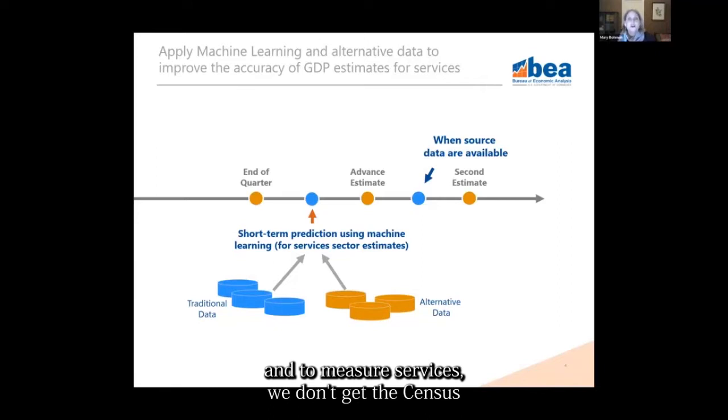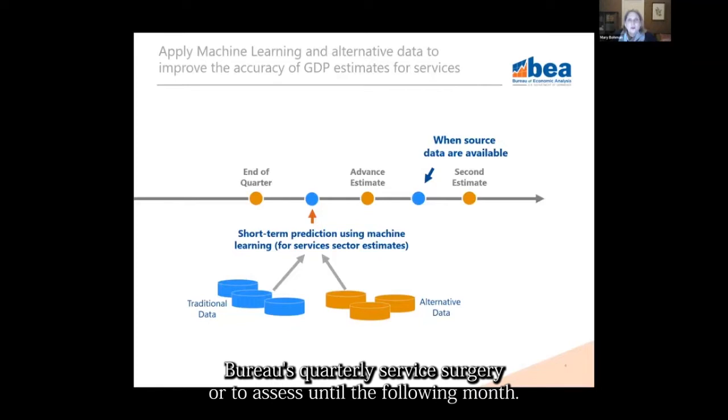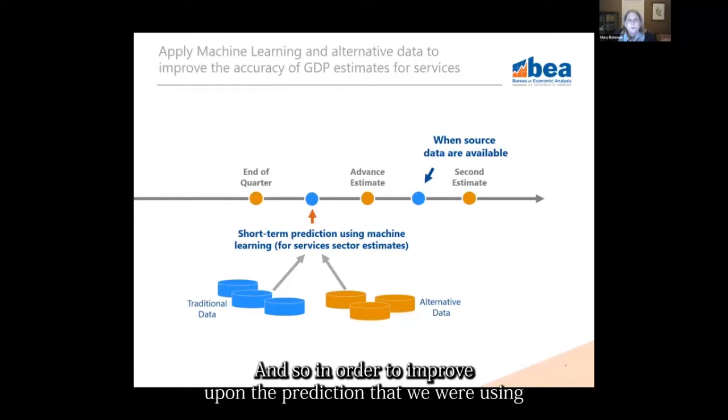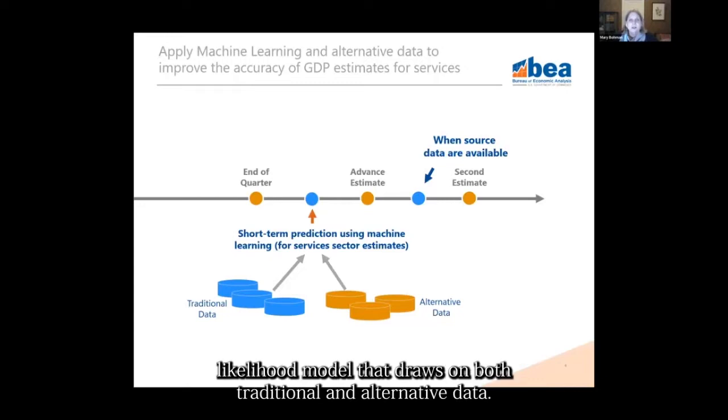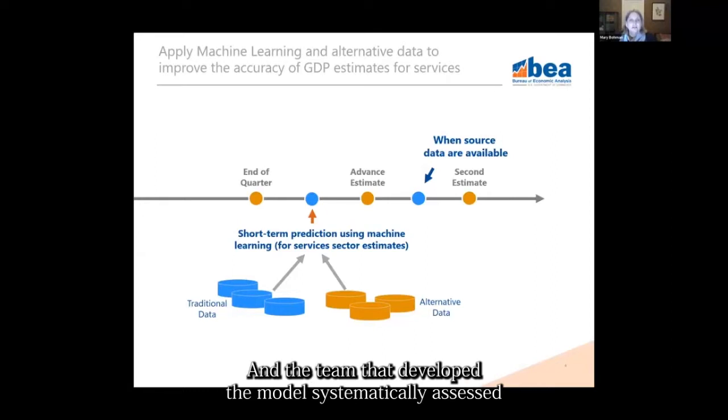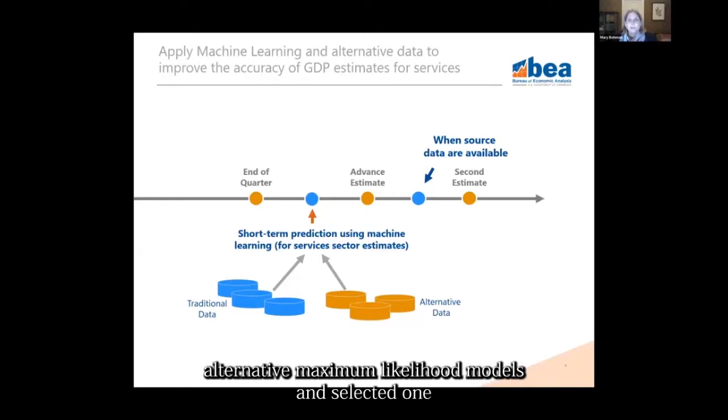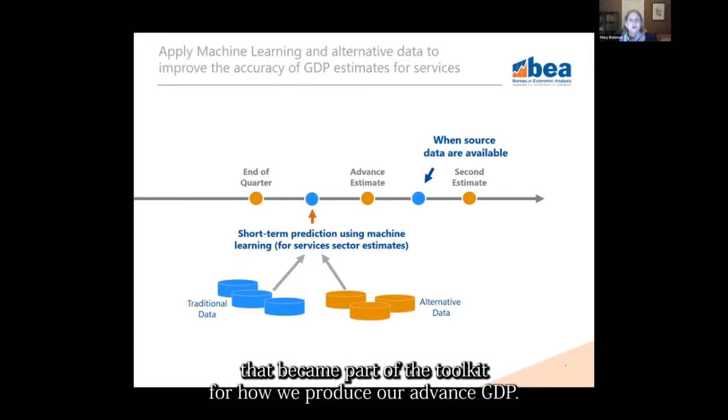And to measure services, we don't get the Census Bureau's quarterly service survey, or QSS, until the following month. And so in order to improve upon the prediction that we were using for the advanced estimate, BEA staff developed a maximum likelihood model that draws on both traditional and alternative data. And the team that developed the model systematically assessed alternative maximum likelihood models and selected one that became part of the toolkit for how we produce our advanced GDP.